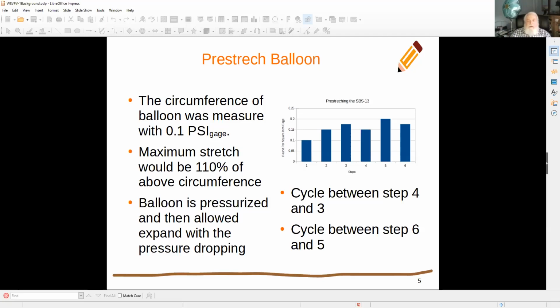We cycled through that several times. Then we finally went up to 0.2 PSI gauge, and they told us to keep cycling between 0.2 PSI gauge and 0.17 PSI gauge until it stopped dropping below 0.175 gauge.